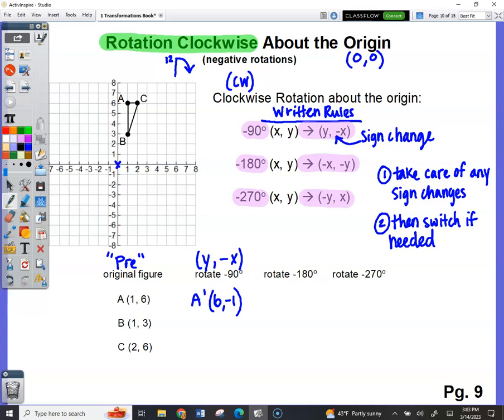Change the sign of X, so that would be -1, 3. Now switch them, so it would be what? 3, -1. All right, C is 2, 6. Change the sign of X, it would be -2, 6. Switch them, so it would be 6, -2. Now graph it.